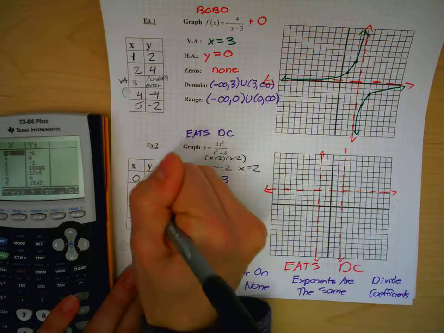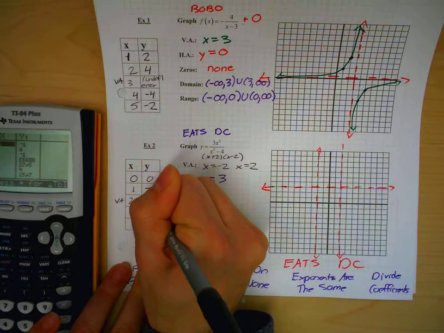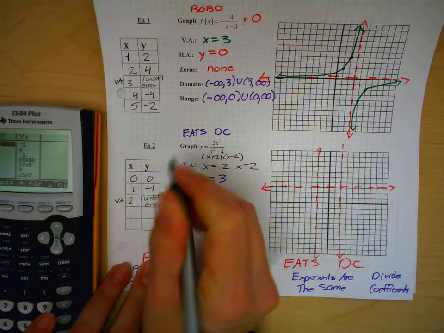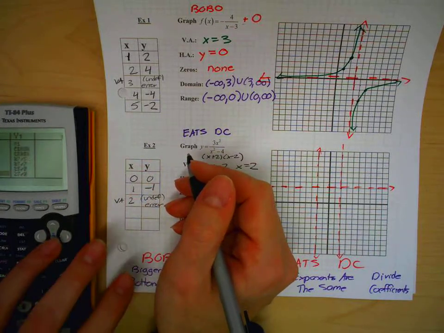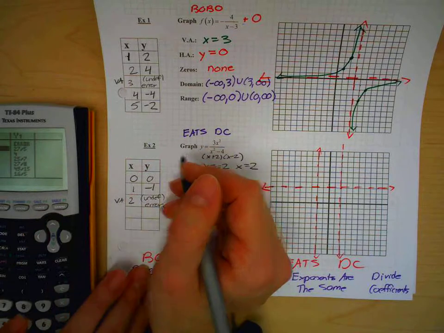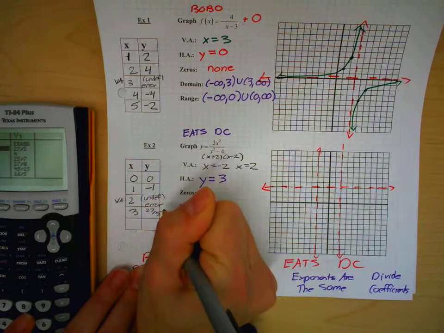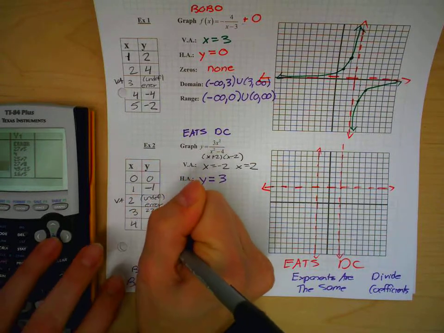So 0, 0, 1, negative 1, 2, this is my vertical asymptote. This is where it's undefined, right? On your calculator, it says error. And then I've got, let's see if I can get some integers here. Maybe not. All right. So I've got 3 and 27 over 5. 4, 4.